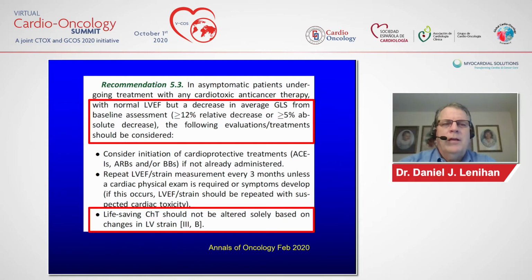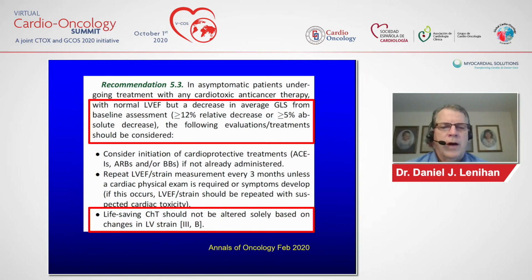So recommendation 5.3 from this document highlighted that in patients with a normal left ventricular ejection fraction, but having a decrease in average global longitudinal strain from a baseline assessment, you could consider initiating cardioprotective treatments such as an ACE inhibitor or an ARB.